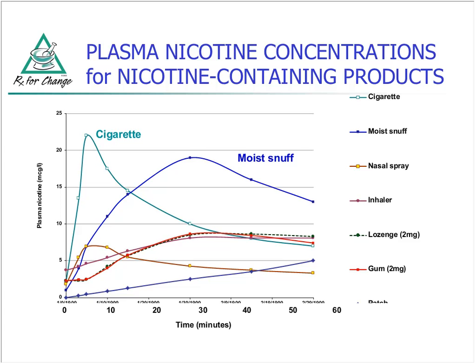Moist snuff is not as rapid, but it gets very high. Now, these are the ones that you can buy at the front of a pharmacy, which is kind of the bane of my professional pharmacy existence. I've been working on that, and CVS is now tobacco-free, yay. But all the nicotine replacement therapy products are these lines at the bottom, so they don't get as high and they don't work as quickly.